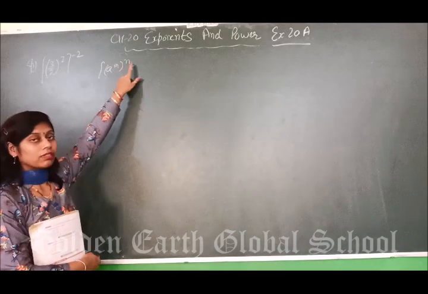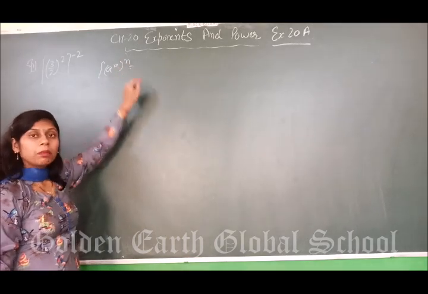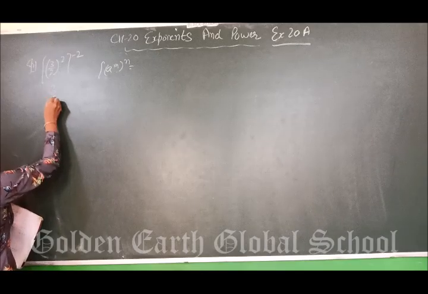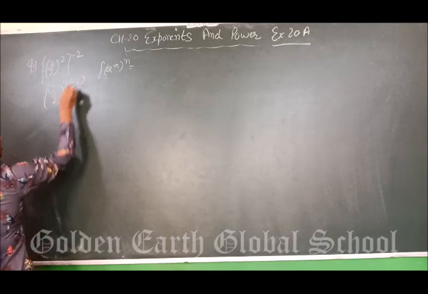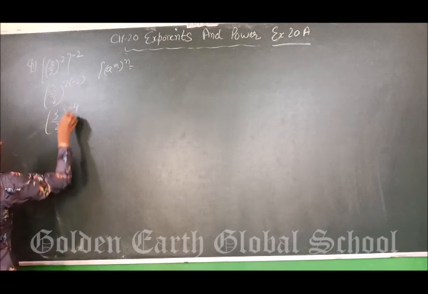Here there are 2 powers. So in this term, powers will get multiplied. It means 3 upon 2 raised to power 2 into minus 2. 3 upon 2 raised to power minus 4.